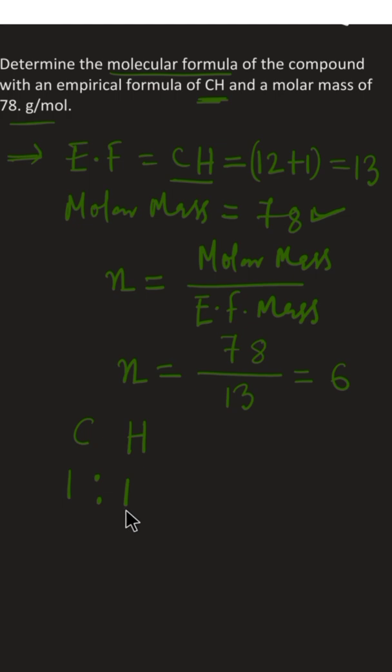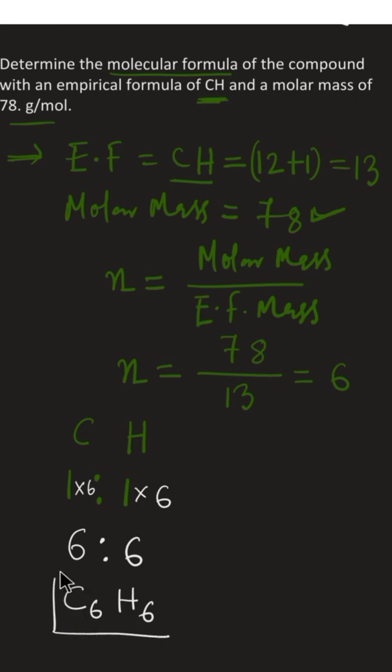Now we have to do the opposite thing, that is we have to multiply the values with 6 so that we will get the molecular formula. So 6:6, that is carbon will be present by 6 number, hydrogen will be present by 6 number. That will be the molecular formula of the given compound.